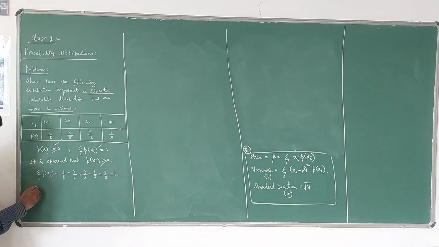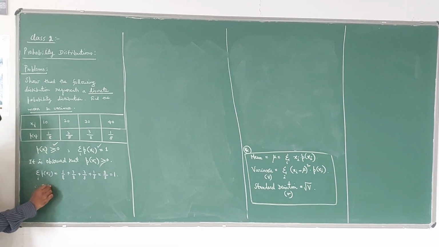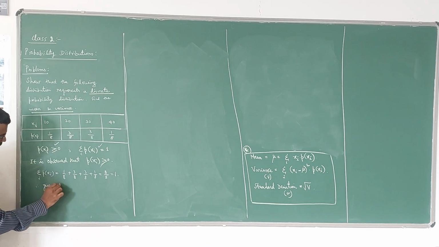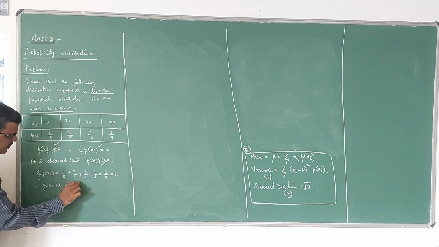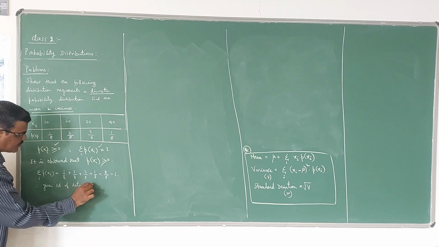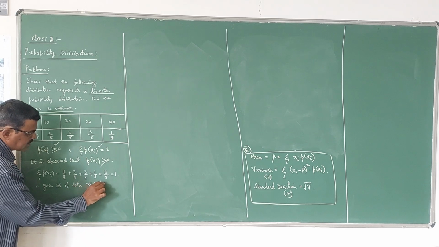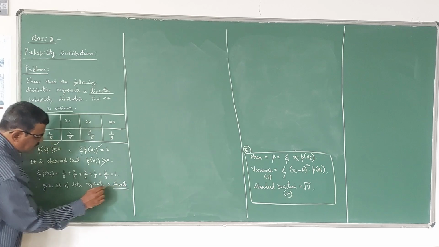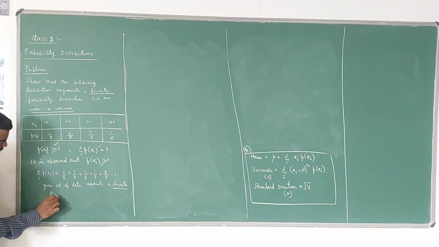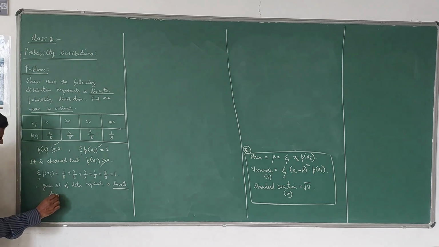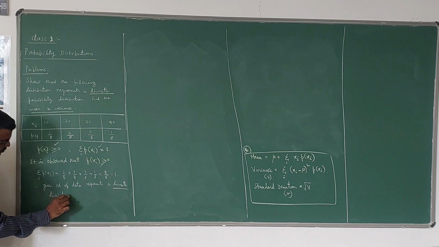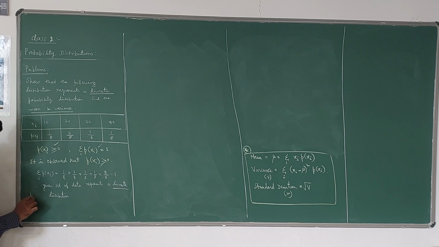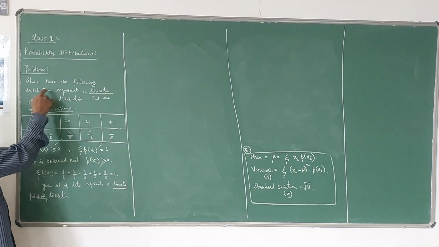Therefore, the given set of data represents a discrete probability distribution. So the first thing is over.